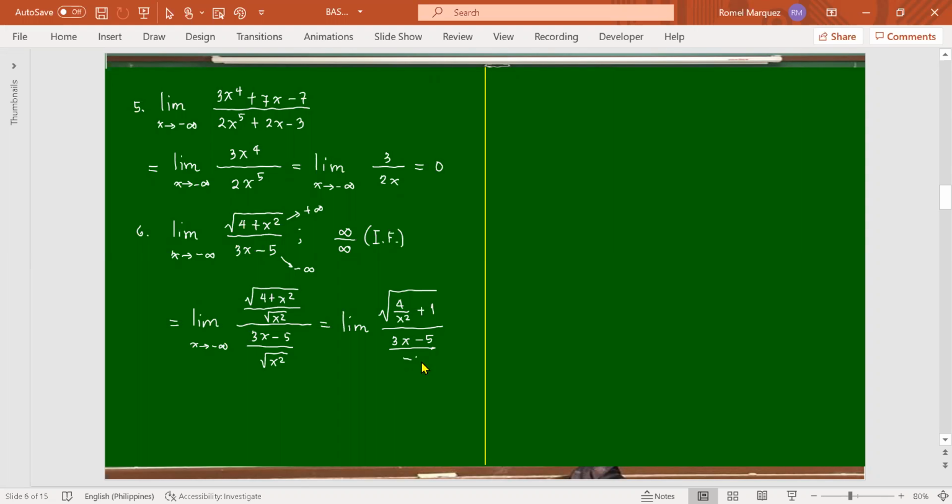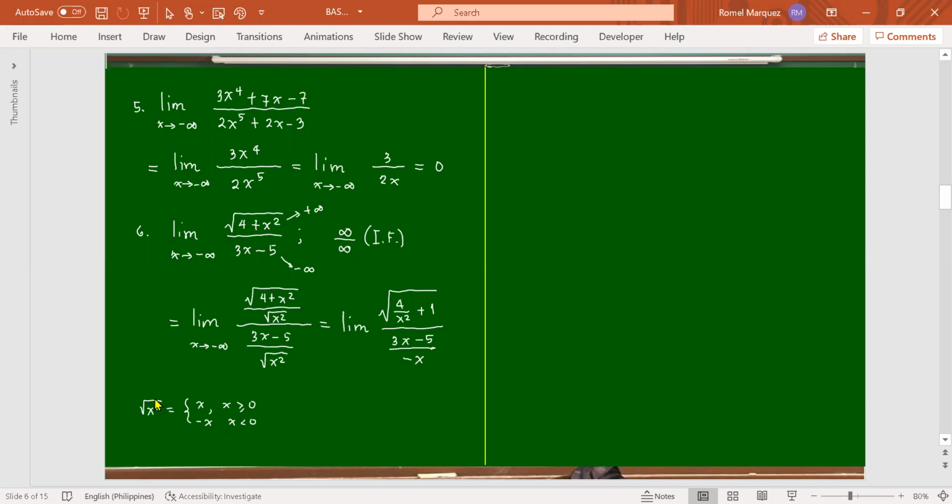Negative x. Why negative x? Remember, the square root of x squared is equal to x when x is what? Positive. Right. But when x is negative, your square root should be negative x.